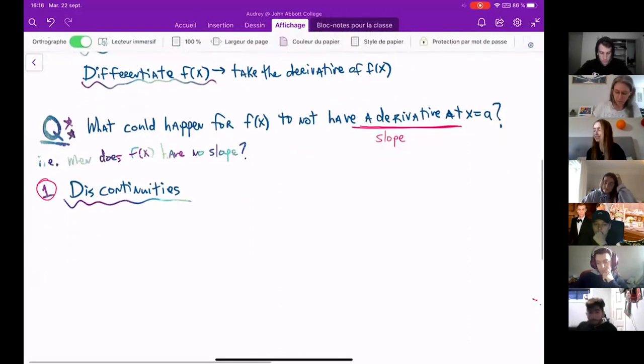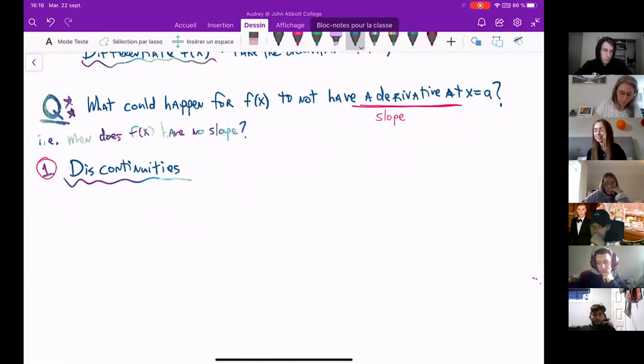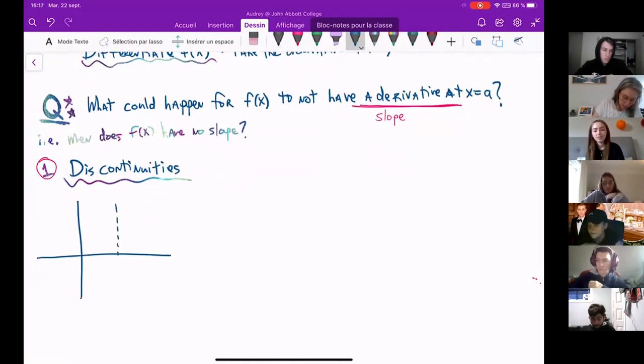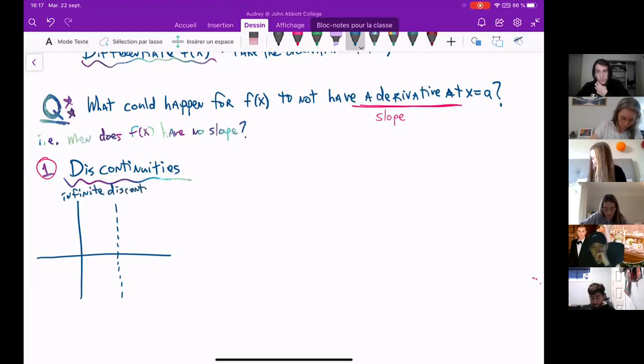You guys brought up 2 of them, so we're going to start by looking at those 2. The first one that you guys told me about was an infinite discontinuity. You were talking about asymptotes. So that might look something like this.